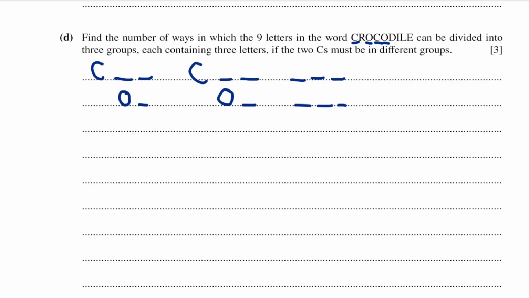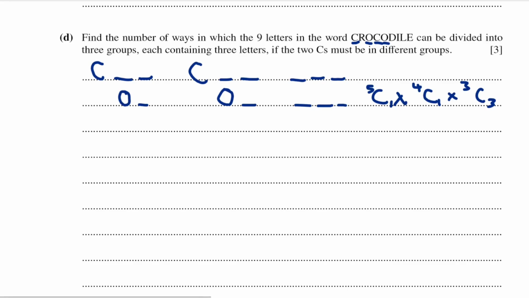So 5C1 times 5 minus 1 is 4, 4C1 times 3C3 will be the formula for this arrangement, because there's 1 space over here, 1 space over here, and 3 spaces over here. And each time we use a letter, we can't use it again.